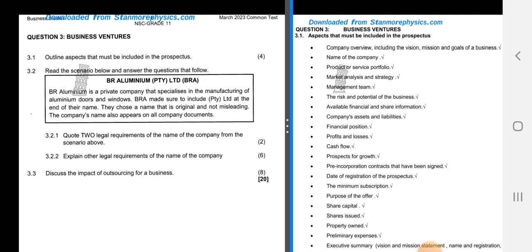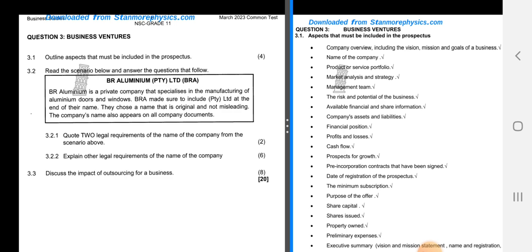A prospectus is a document which a company compiles in order for you to know it. So in a prospectus, you will have the company. So you just have to outline aspects.